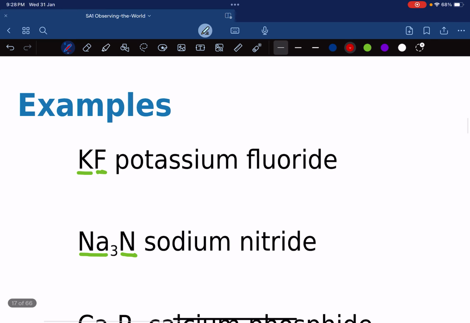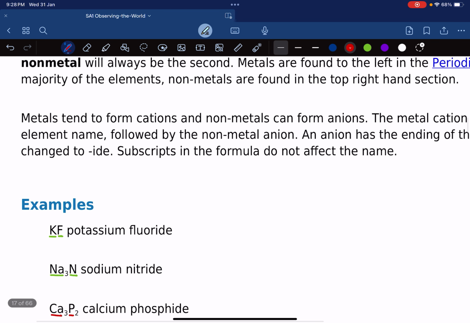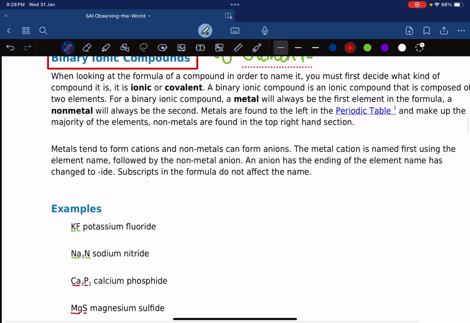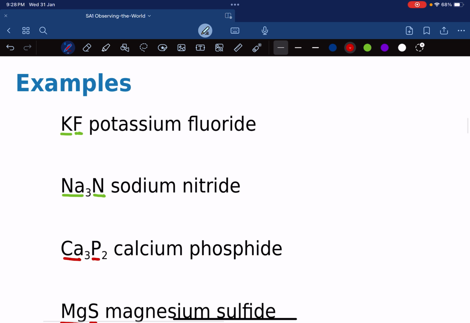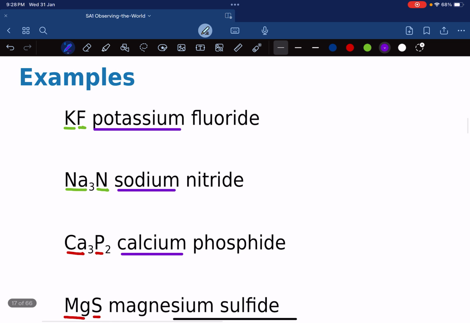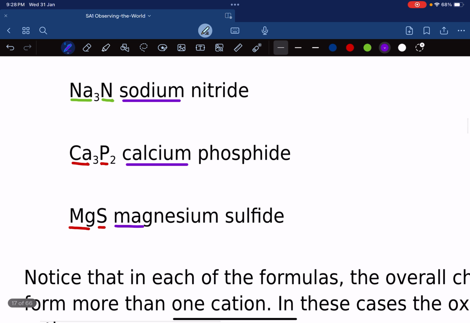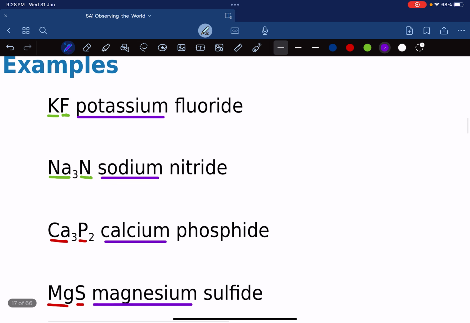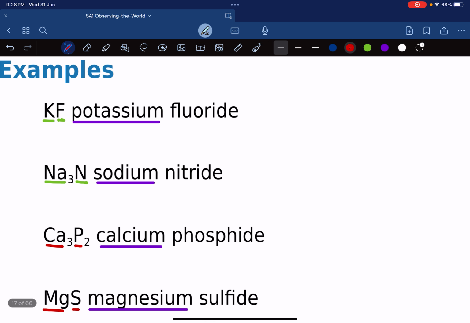When you look at the names of binary ionic compounds, the first name that you see is the name of the metal. In every case, it's the name of the metal, taken directly from the periodic table. Meanwhile, the second word has this addition, ide.